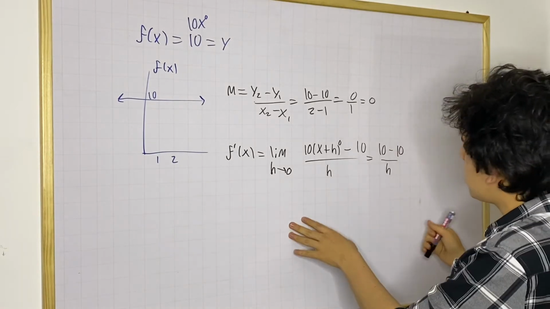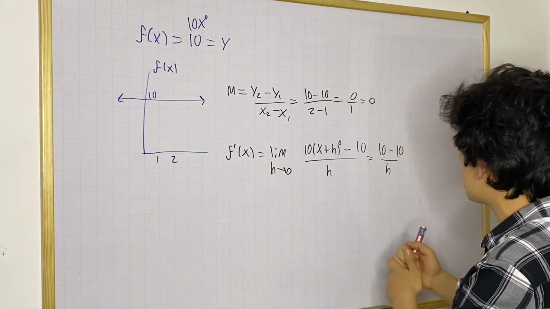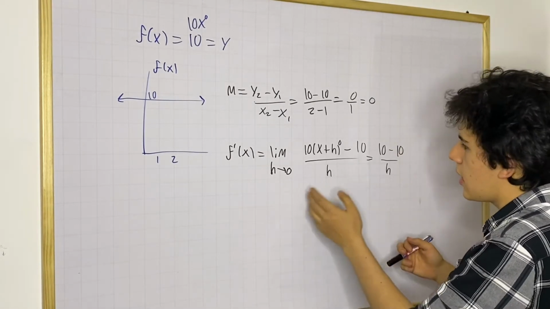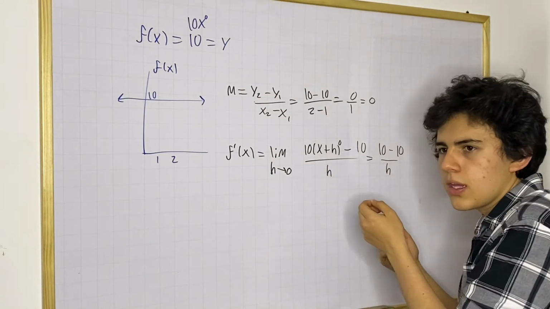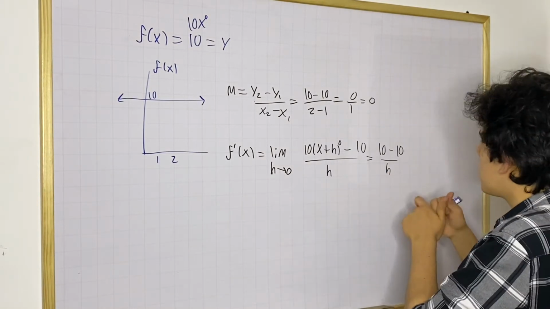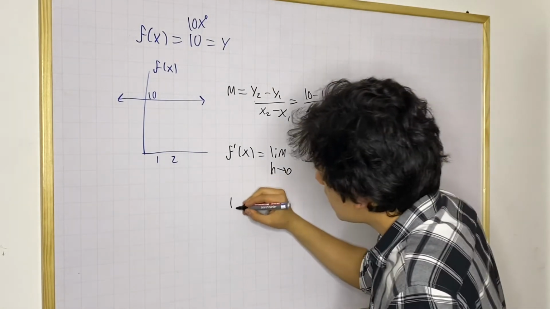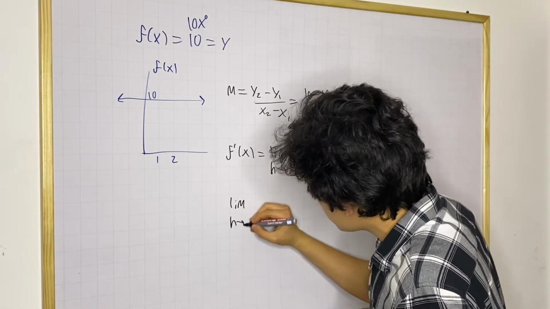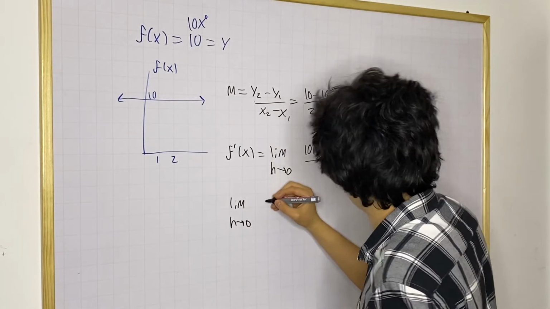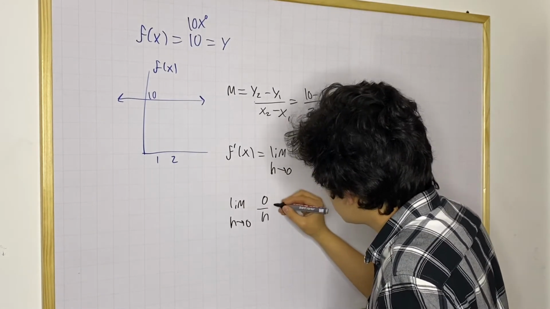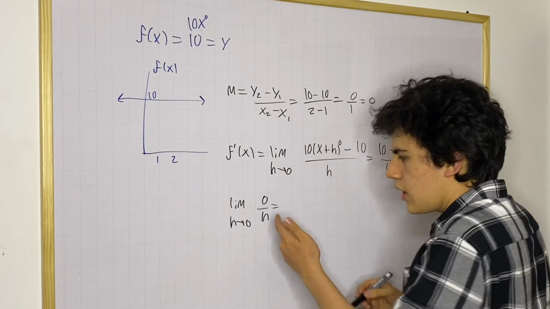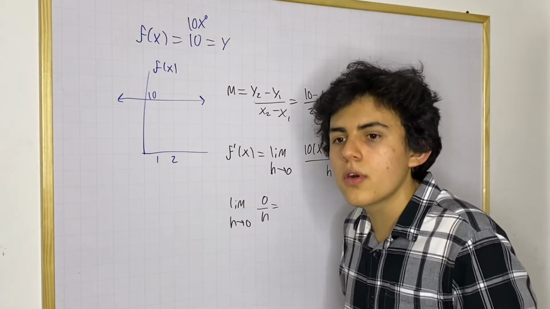Now this limit might look kind of weird, but you cannot really compute it analytically, because right here you would just simply get 0 over h. And now you have the limit as h approaches 0 of the expression 0 over h, which, well, you cannot substitute in 0 because it doesn't work.